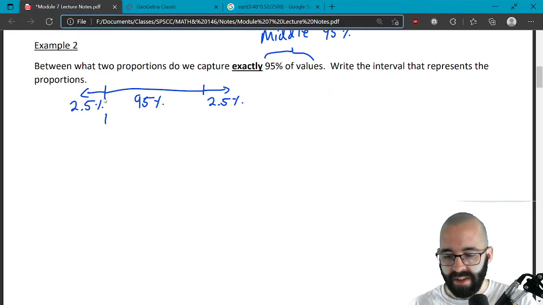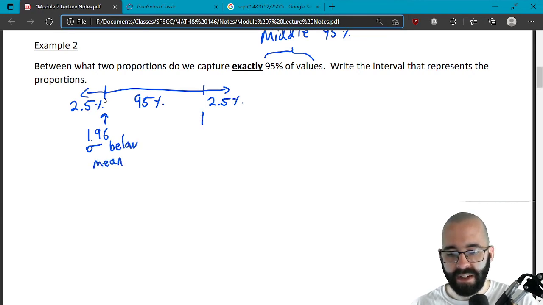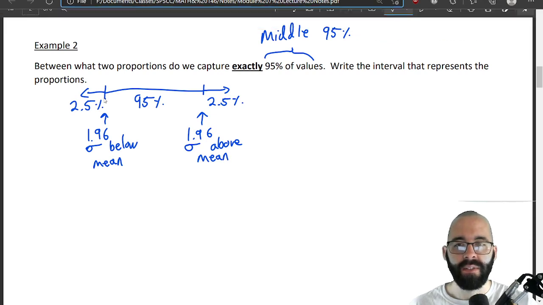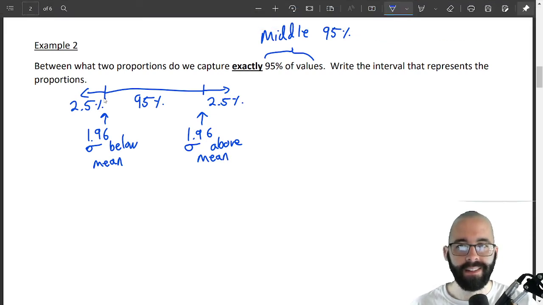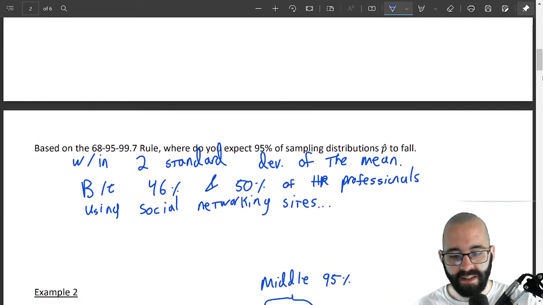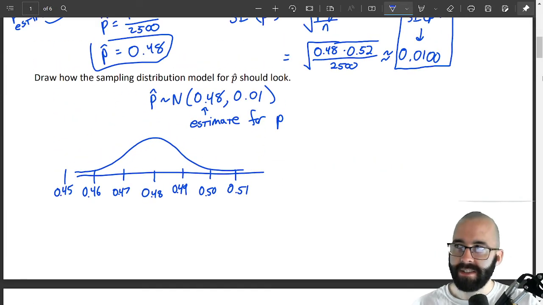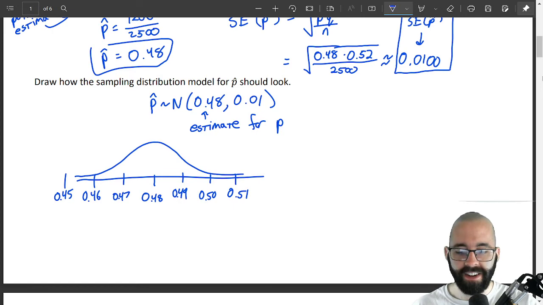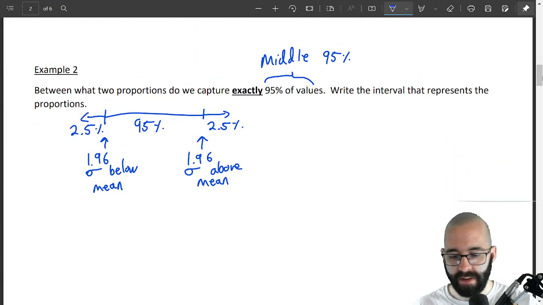Since the standard normal curve is symmetric, this right here says when we're 1.96 standard deviations above the mean. So it wants this interval. Well, what's a standard deviation here? In our example, the standard deviation is about 0.01.